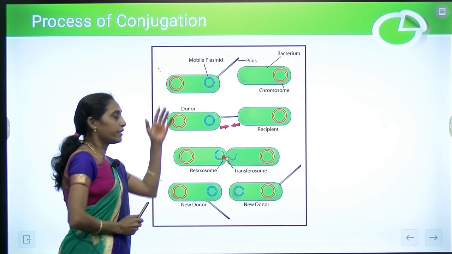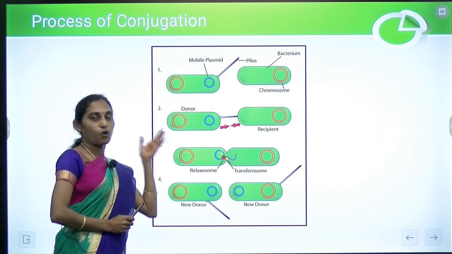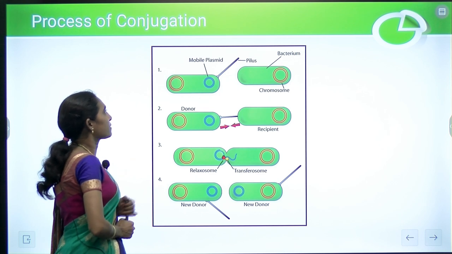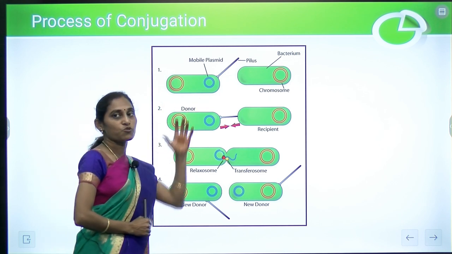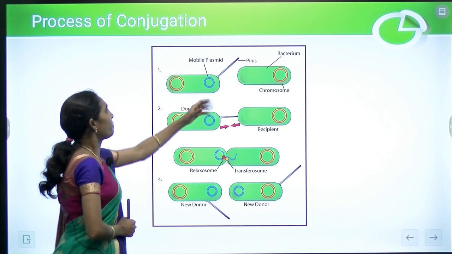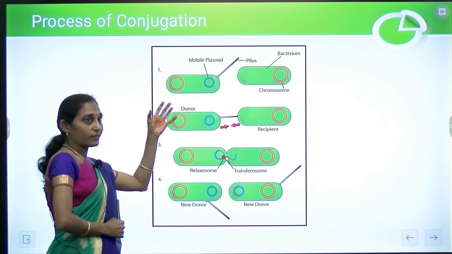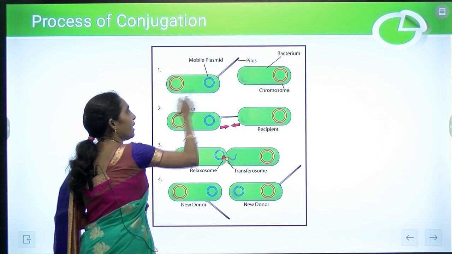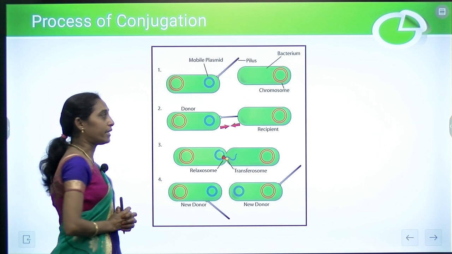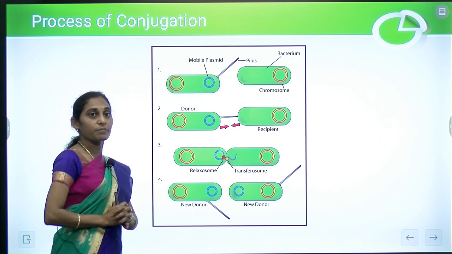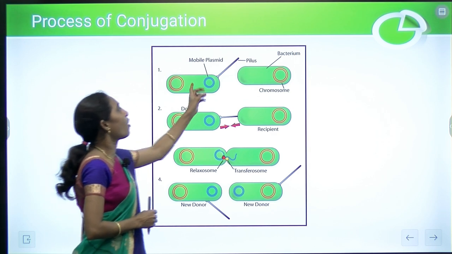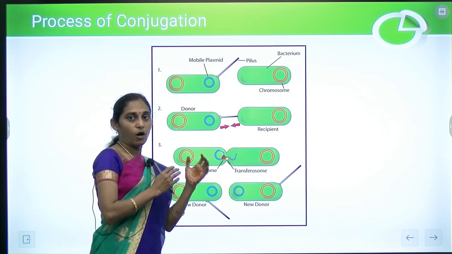These are the various steps in the conjugation process. The first step tells us there are two conjugates, two strains of bacteria participating in the process. One of the bacterial strains that has the F plasmid, or F factor, or fertility factor in the cytoplasm acts as the donor, having additional structures on the surface.